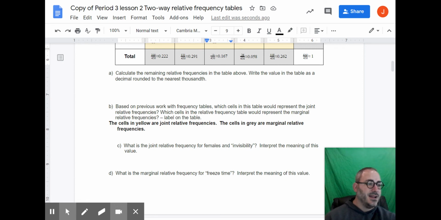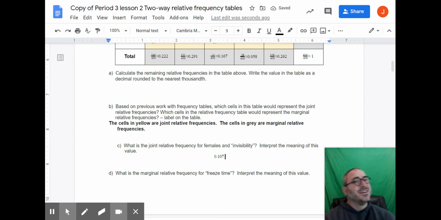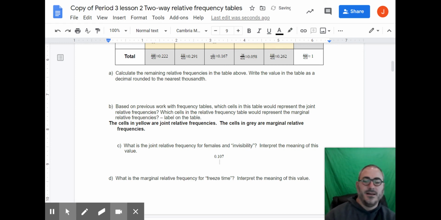No, hold on, I'm going to paste it to rewrite it correctly. It's 0.107. Yeah, there we go. 0.107. And how do I interpret this? This means that there are approximately 10.7%.